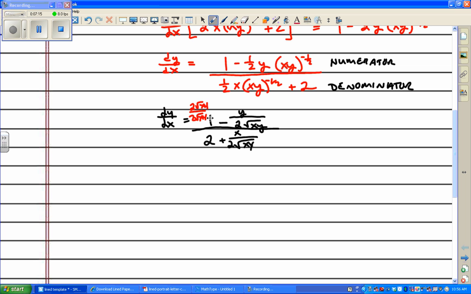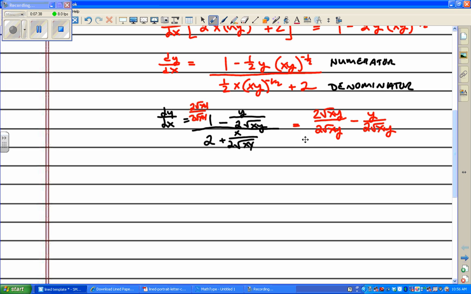So I need to multiply that 1 over 1 by that fraction there. So I end up with 2 radical xy over 2 radical xy minus y over 2 radical xy. Okay, so that's just changing that 1 so that it's 2 radical xy over 2 radical xy.